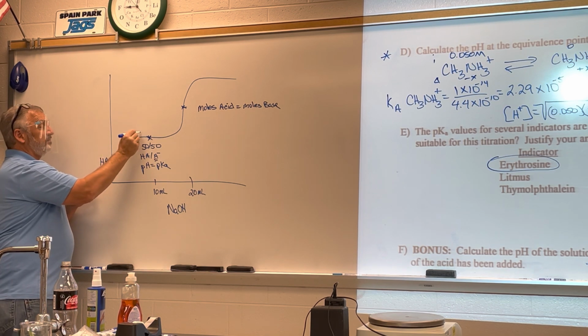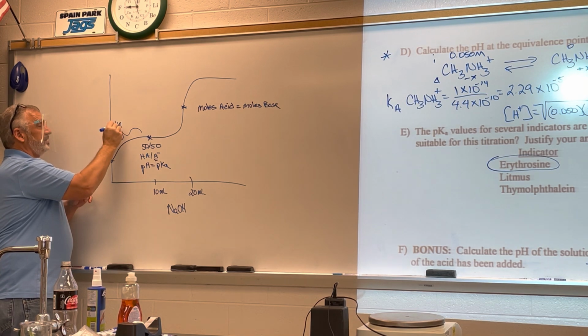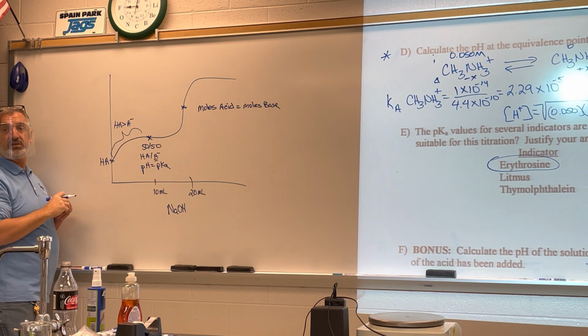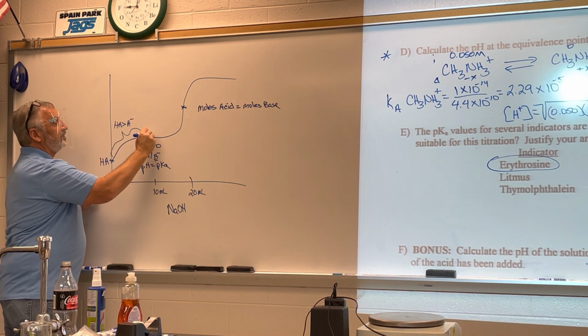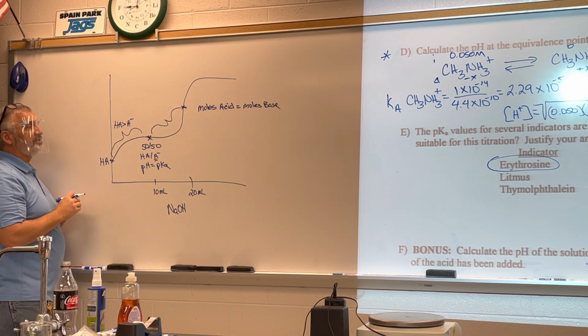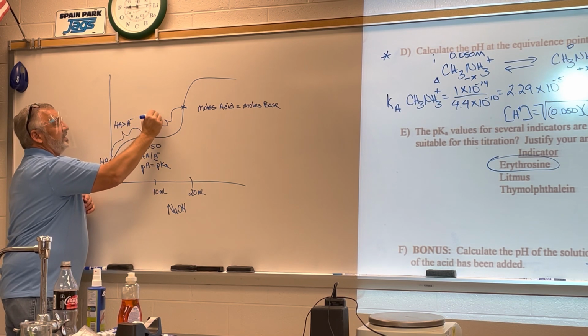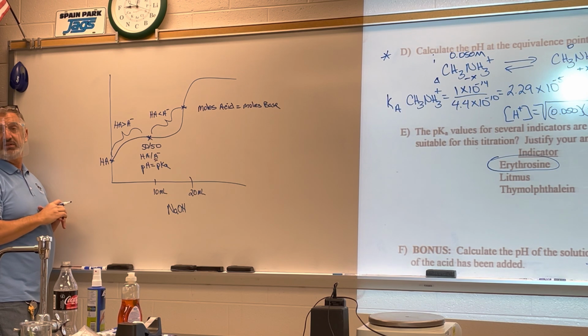So at this point, HA is greater than A minus, right? Here they're equal, so from this point to that point, what's going to be true? A minus is greater than HA, or HA is less than A minus, right?